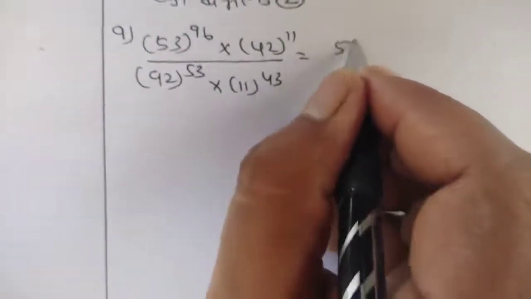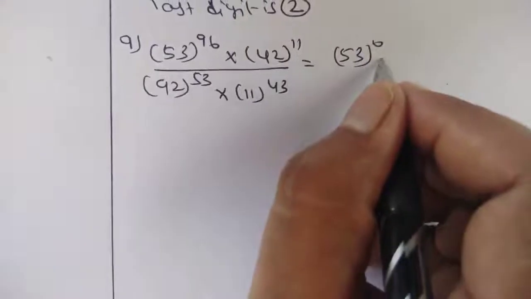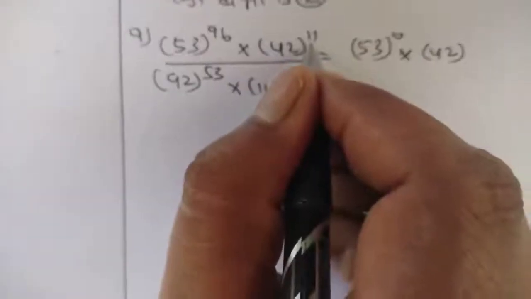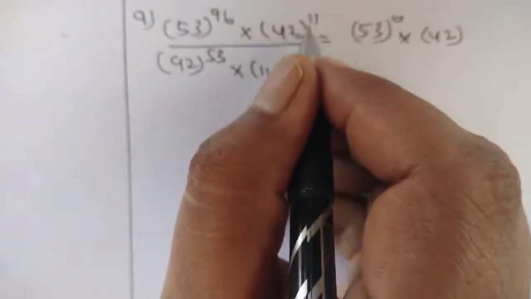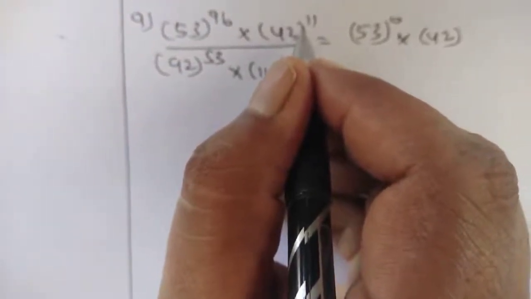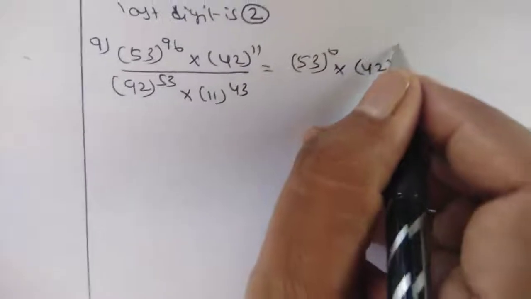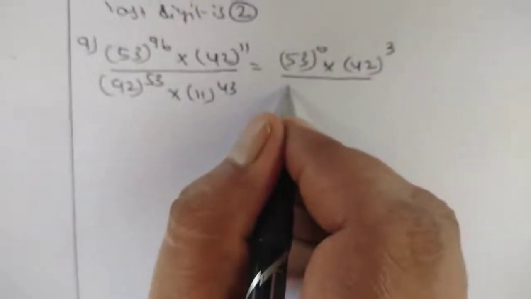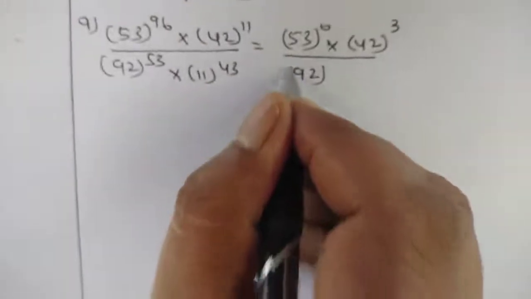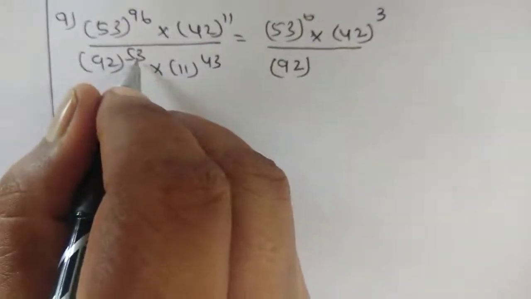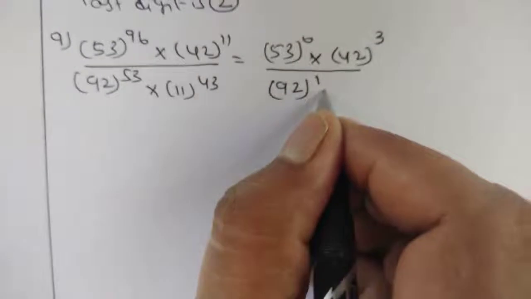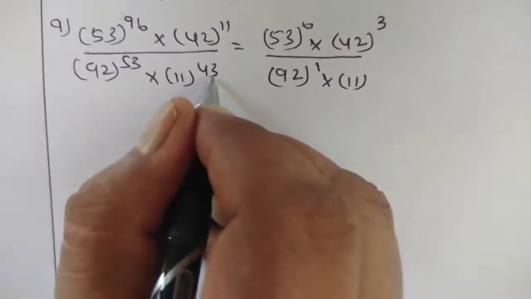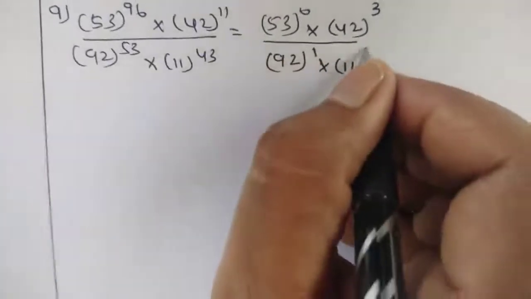So you can write 53 power 0 into 42. 11 can be written as 4n plus 3, that is 8 plus 3. So the remainder is 3. In 92 power 53, 52 plus 1 is a 4n plus 1, the remainder is 1. In 11 power 43, 42 plus 1 is a 4n plus 1, so power 1.